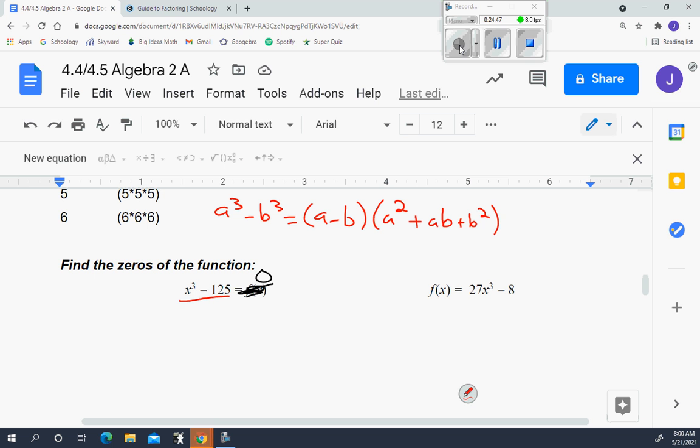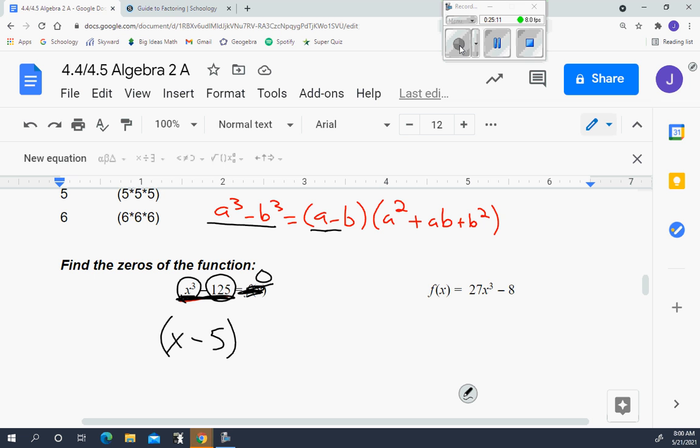So, I already have a cubed minus b cubed. That's right here. X cubed minus 125. I have to figure out what a is. Figure out a by taking the cube root of x cubed. That's just x, right? X times x times x is x cubed. Then I have to figure out what's the cube root of 125. That's 5.